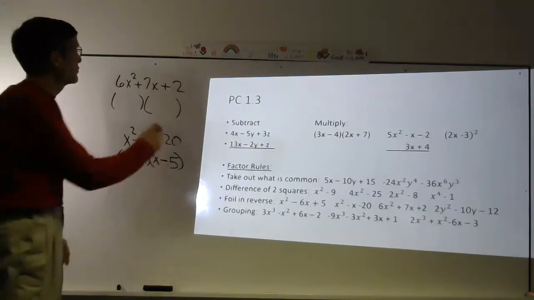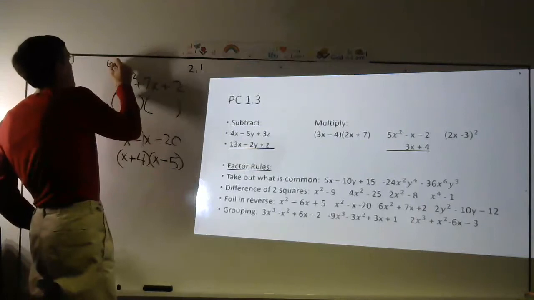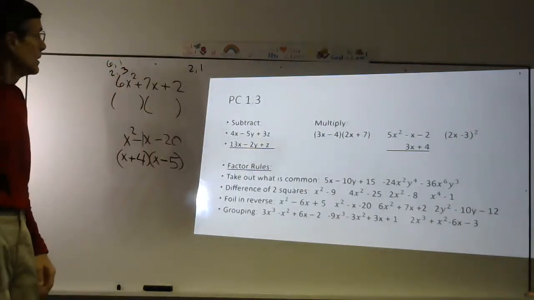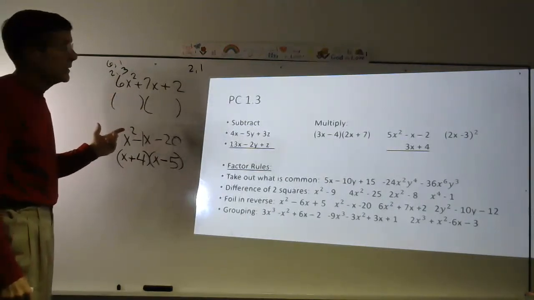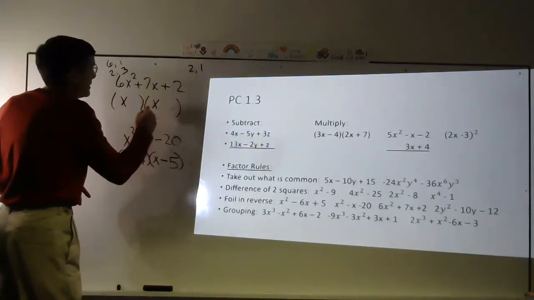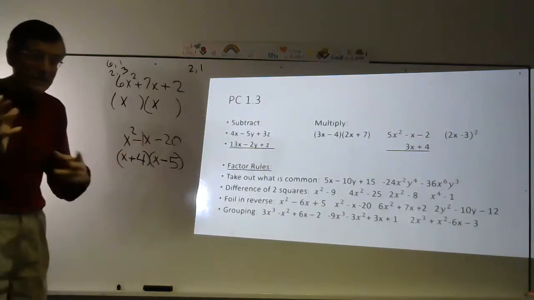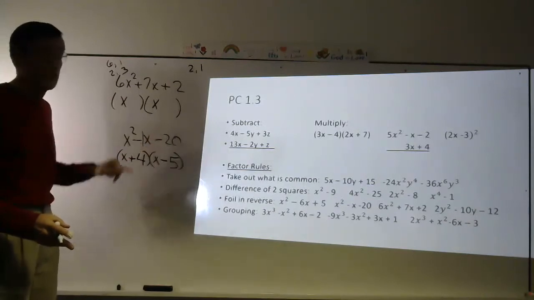All right? So list your factors. 2 and 1. 6 and 1, 2 and 3. Okay? Now, you know there's going to be an x and an x. So if you want to leave a little room, I'm going to slip the x and the x in here. Okay? Remember that statement I told you a little bit ago about factors of 20 that subtract to give you this?